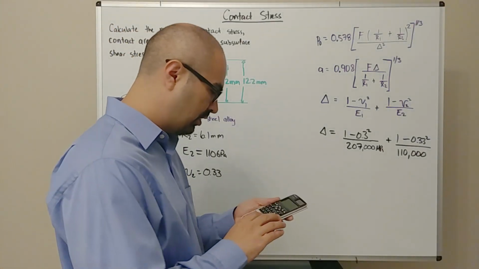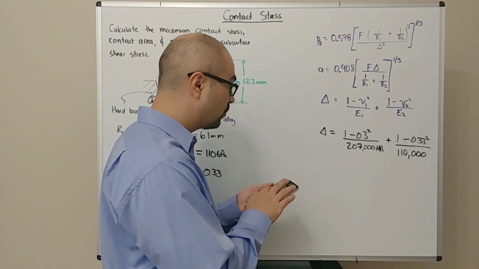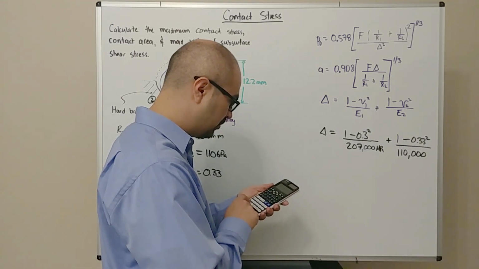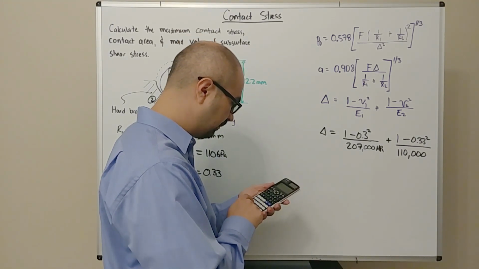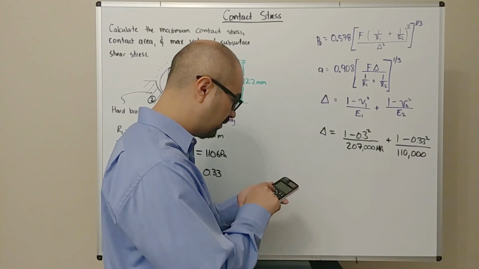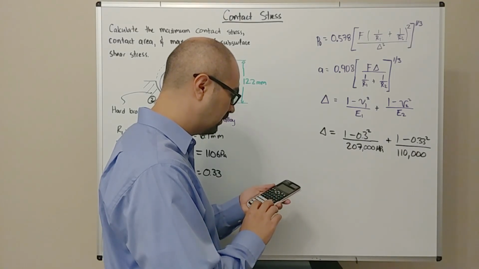So if we type this on the calculator, 1 minus 0.3 squared divided by 207,000 plus 1 minus 0.33 squared divided by 110,000.